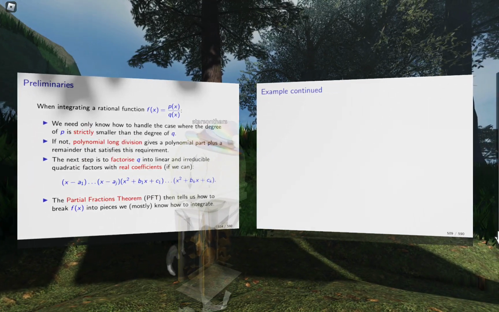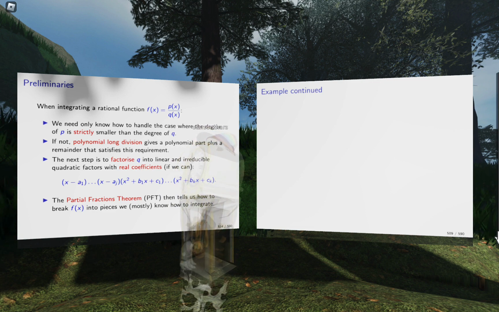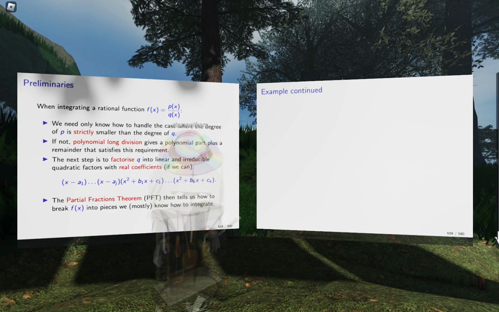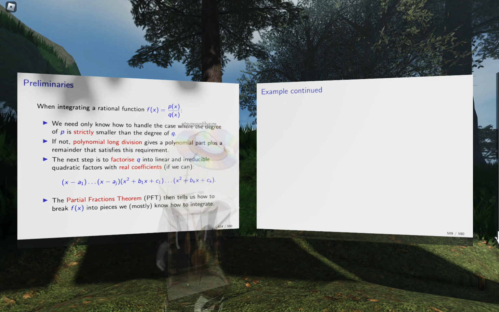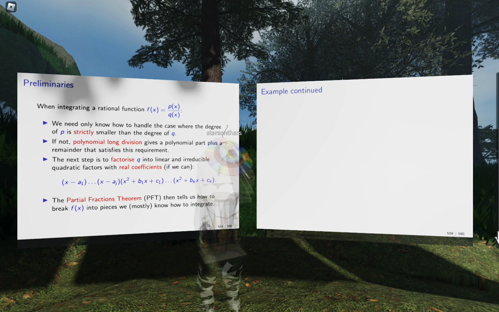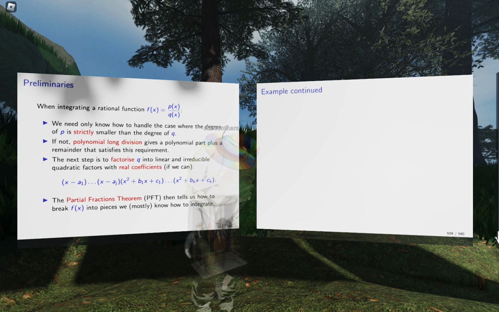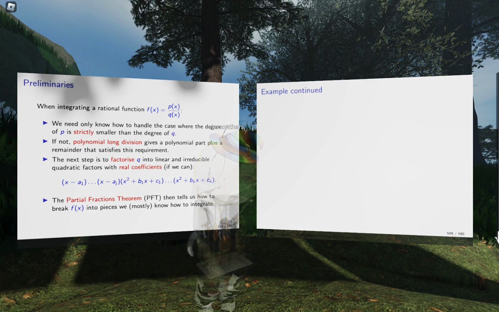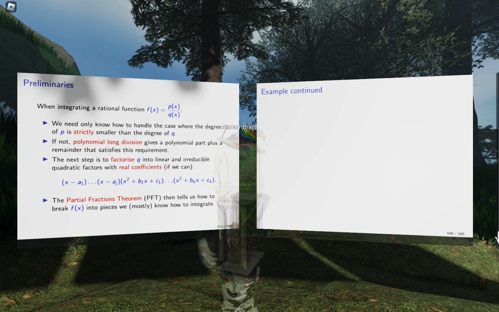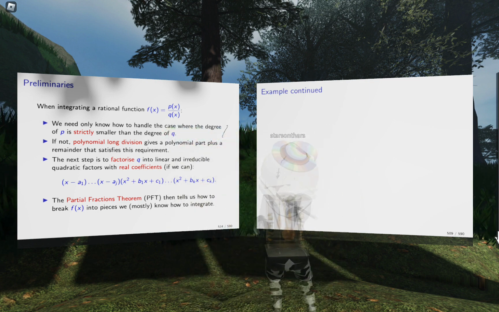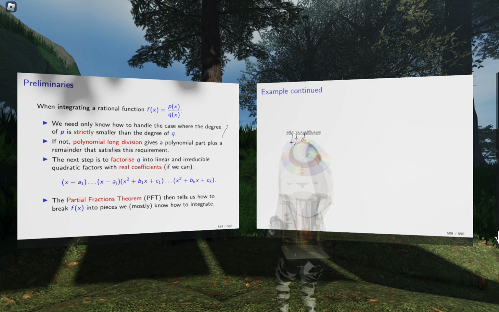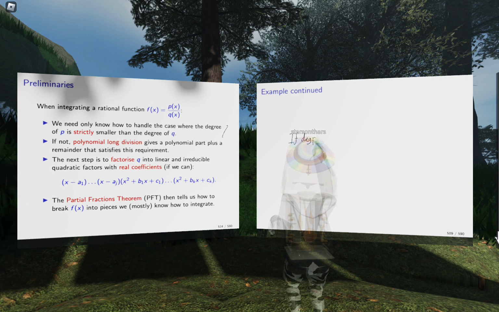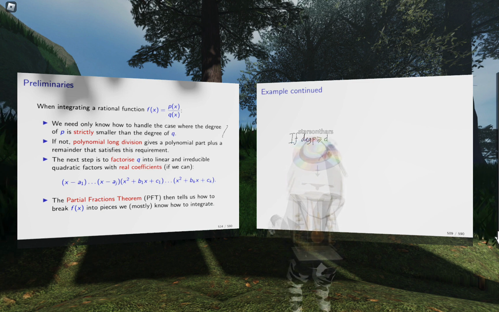Okay, so there's several steps in this. It's a fairly complicated little algorithm. And the first part, which is the only part that I'll talk through in any detail today, is the reduction to the case when the degree of p is strictly smaller than the degree of q. All right, so let me explain why it's sufficient to handle that case. So suppose you're given a problem where the degree of p is actually larger or equal to the degree of q.